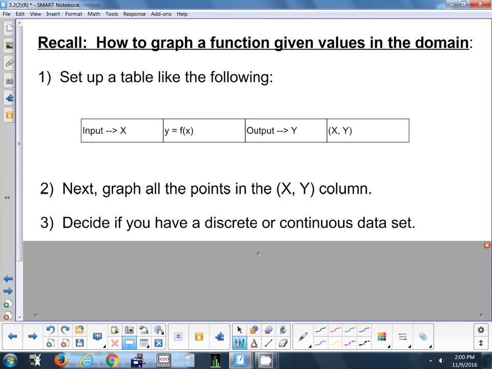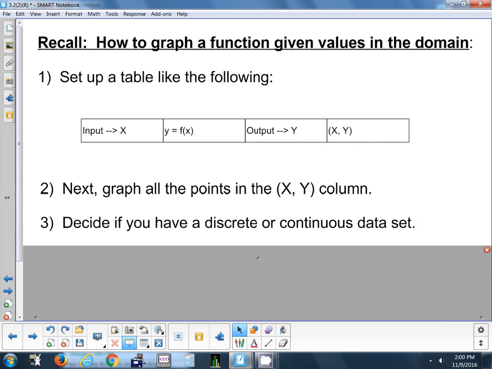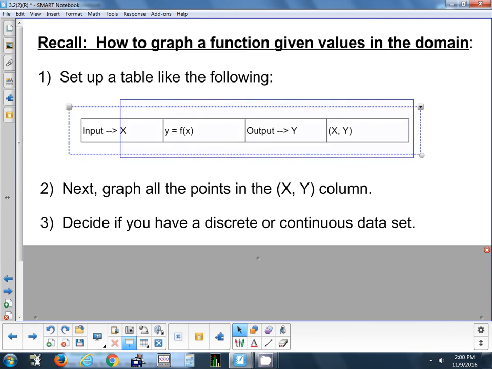It's got a column for x, a column for the formula to show the work, a column for the y, and then a column for your coordinate. Write in on your little table what each thing is.